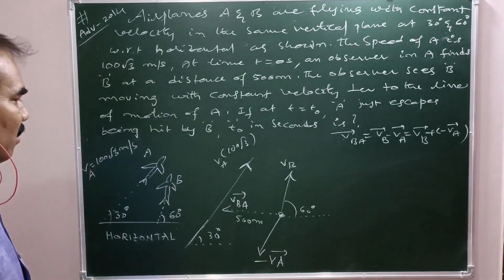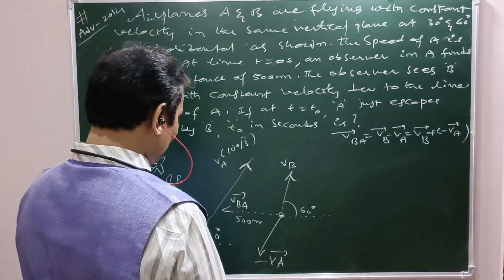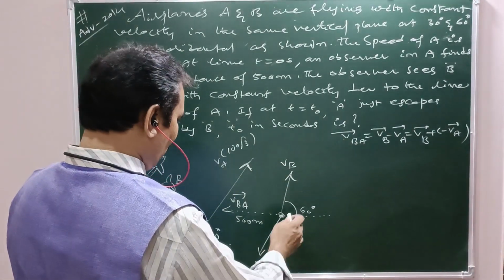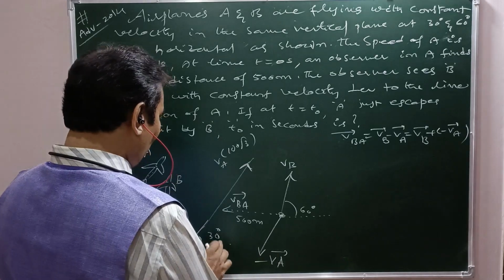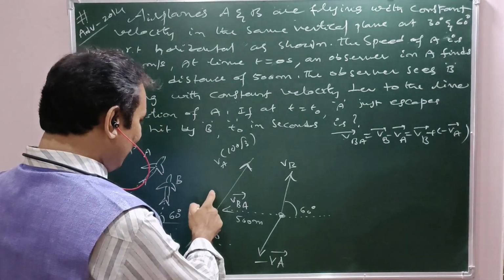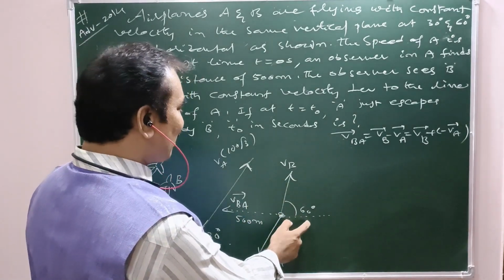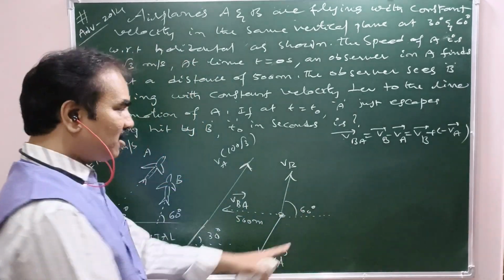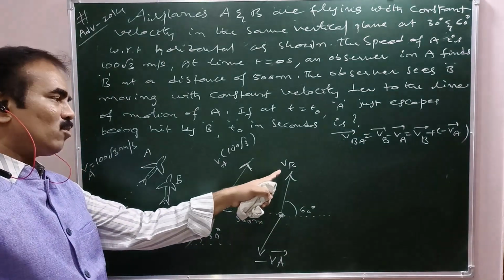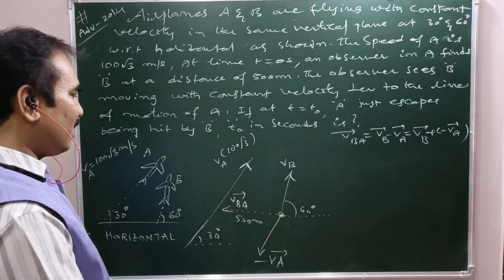Right? Now, what is the angle made by plane A with horizontal? 30. The angle made by plane B with horizontal, see, this is horizontal, with respect to horizontal the angle made by the direction of motion of B is 60 degrees.